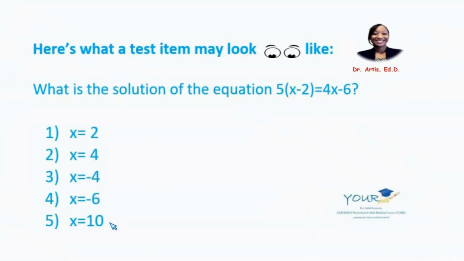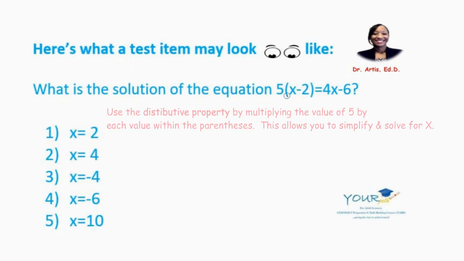So now, in order to solve this problem, you want to utilize the distributive property in order to simplify your equation to solve for x. So now, what is the distributive property? The distributive property is when you multiply 5 times each value within the parenthesis.